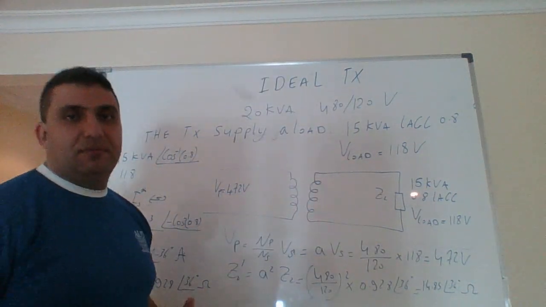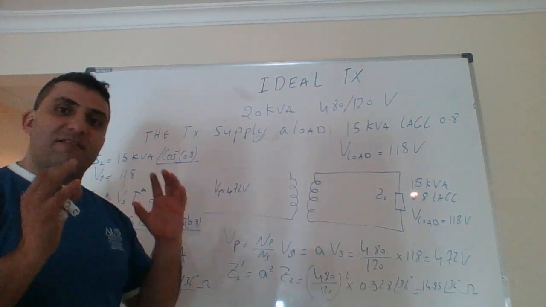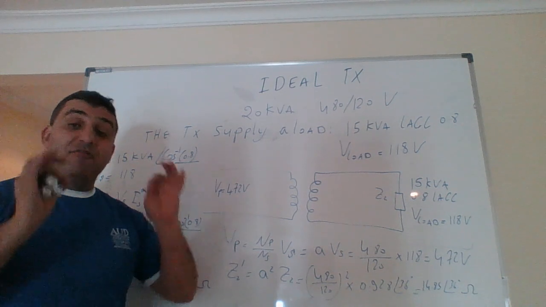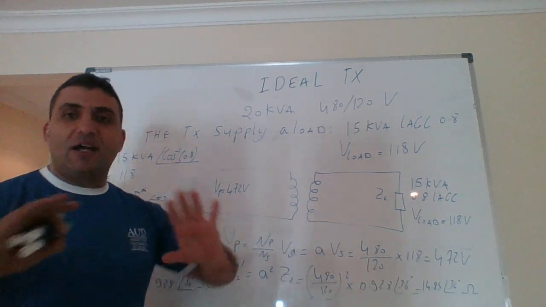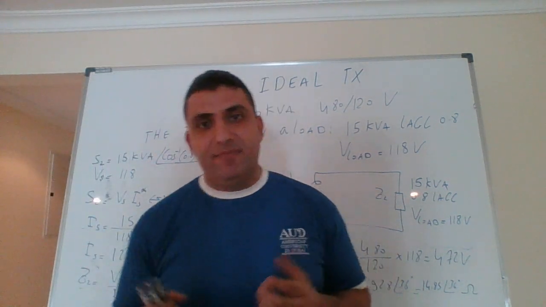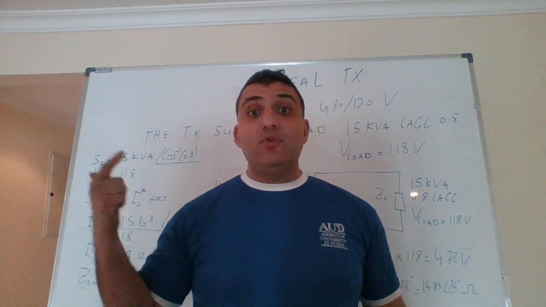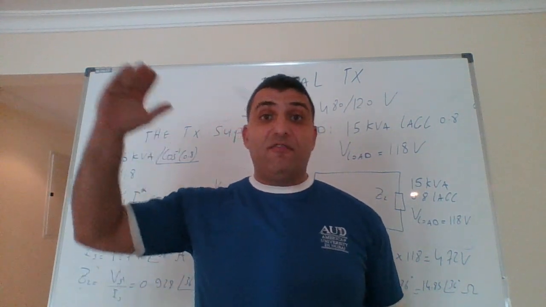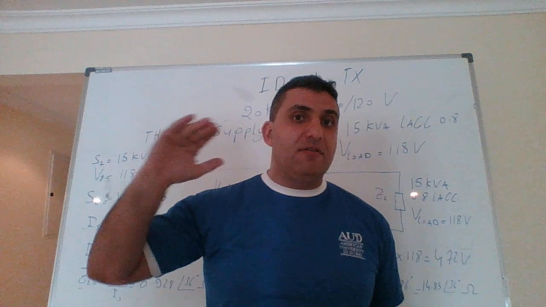So let's recap. The transformer is a very important element when it comes to our power network, our power system. That's number one. Number two, an ideal transformer is defined by 4 elements.